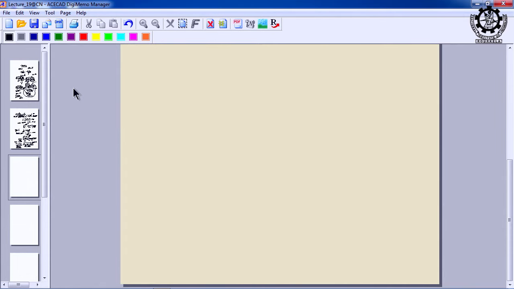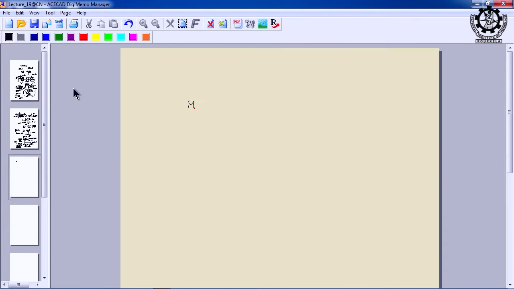So, what do you do now? Your mask, as we saw, is 255.255.192.0. This is your mask.